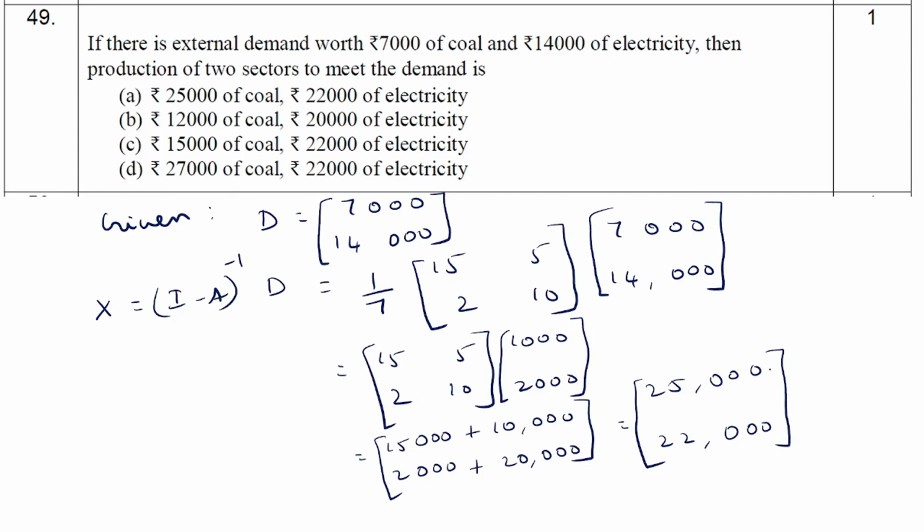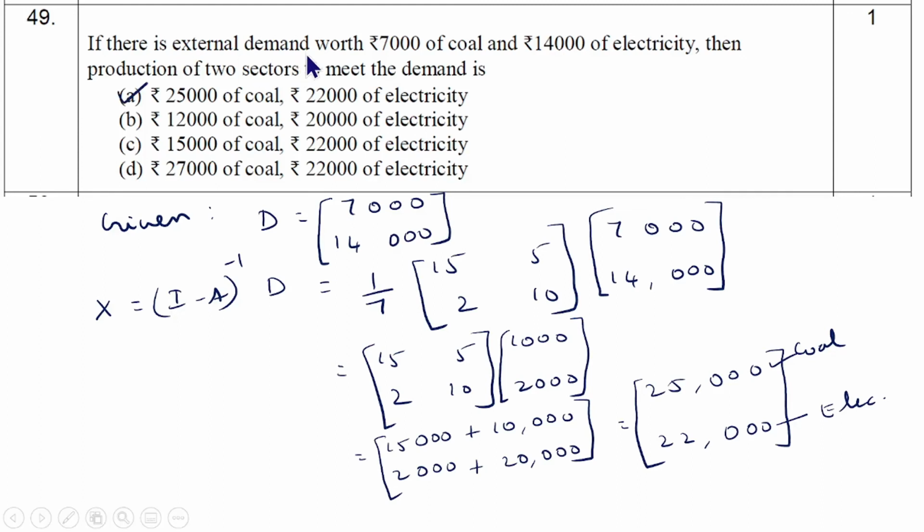Now here the first row corresponds to sector 1, so this is coal and this is electricity. So the correct option is option A: 25,000 rupees of coal and 22,000 rupees of electricity.